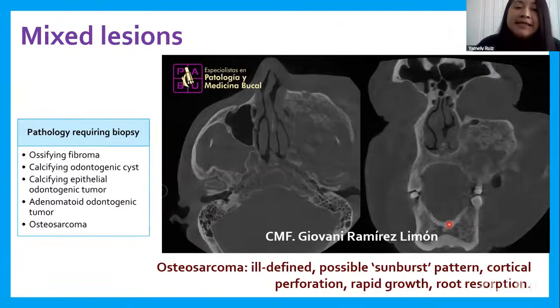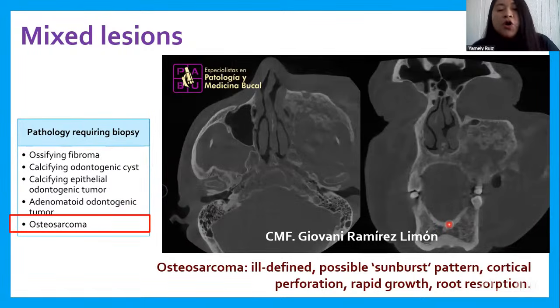And the last one of the mixed lesions is osteosarcoma. Osteosarcomas are ill-defined entities that are malignant. The osteosarcoma is a malignant neoplasm of the bone, and for this reason has a malignant behavior. It has rapid growth, ill-defined borders, cortical perforation, root resorption, cortical expansion, and sometimes symptoms like numbness when it's located in the jaw, or paresthesia, or even pain sometimes.